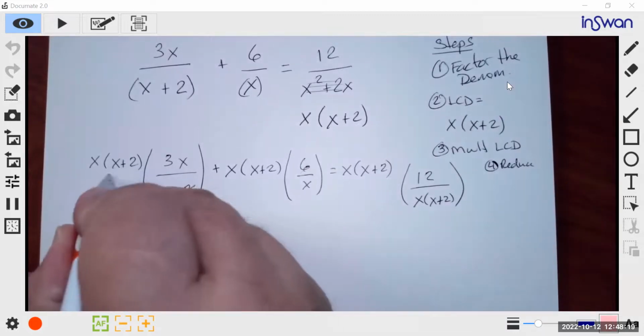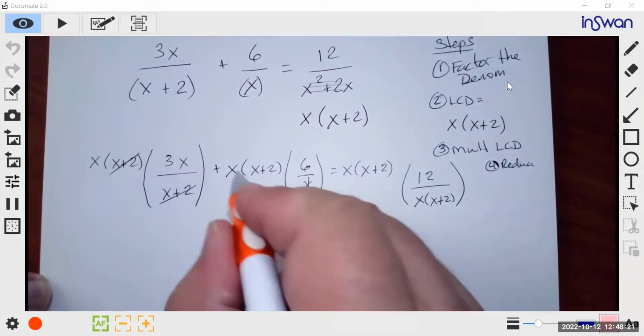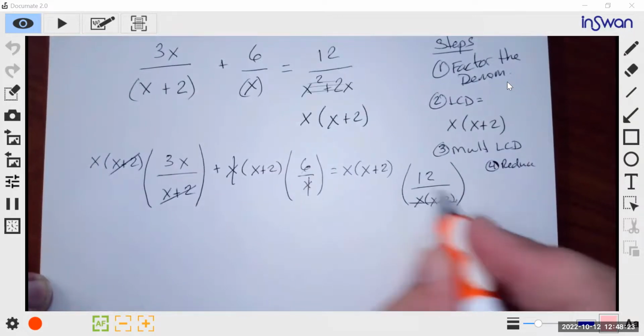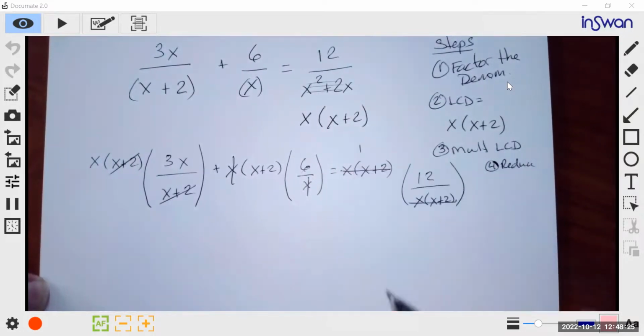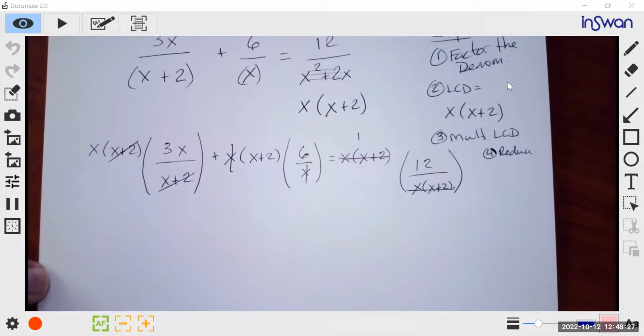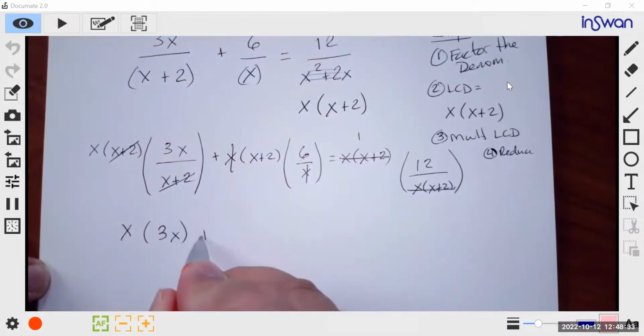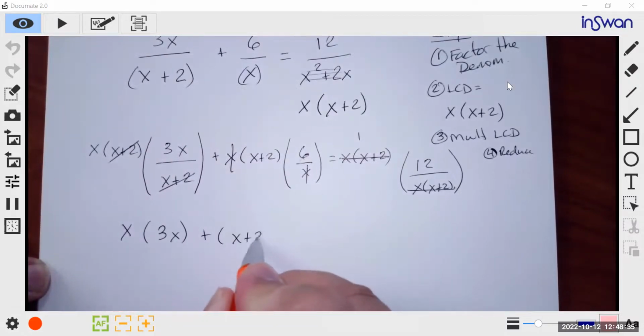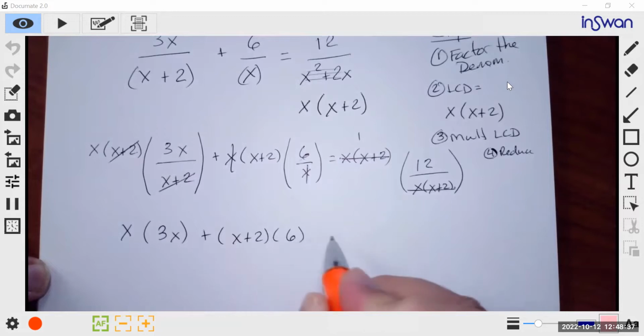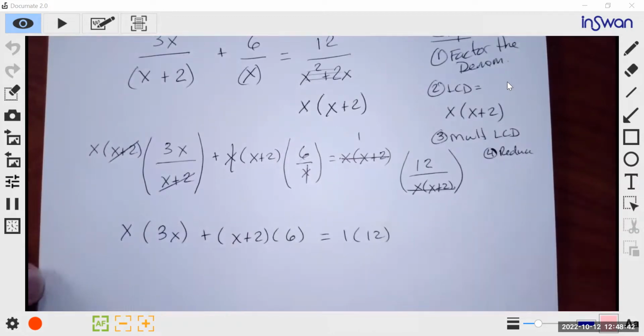The x plus 2 is gone. The x is gone. The x and x plus 2 is gone. So I have x times 3x, x plus 2 times 6, 1 times 12.